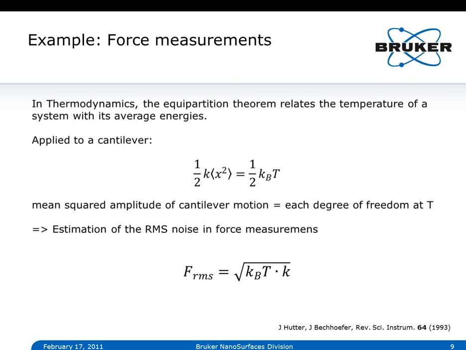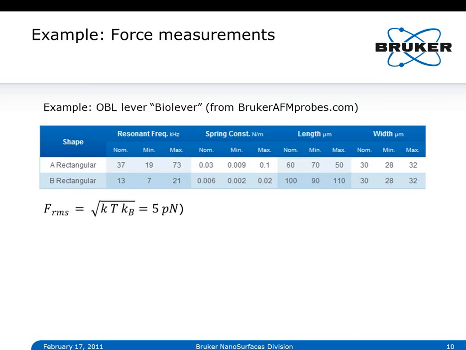And that noise, if it's bigger than your instrumental noise, will of course determine the ultimate resolution you can get from force measurements. When we take an example here again from the Bruker website, we pick the OBL lever, often also referred to as the BioLever. We can simply plug the spring constant in here, and we arrive at an ultimate resolution of 5 piconewton that we can achieve with that cantilever.